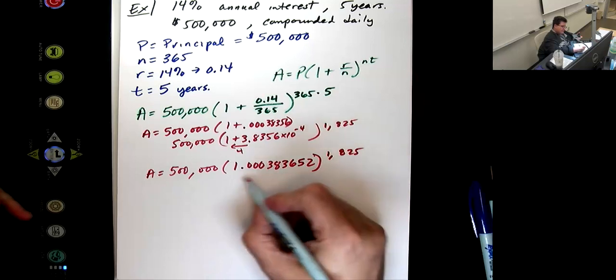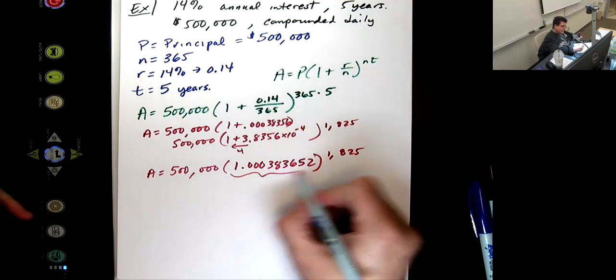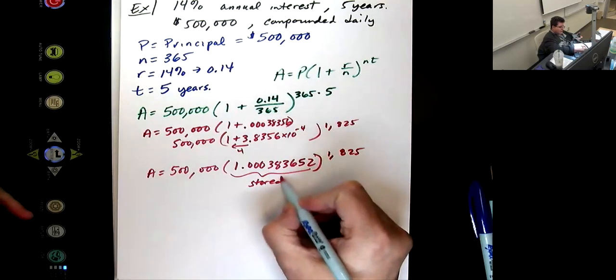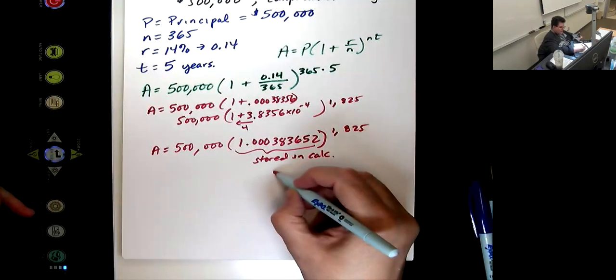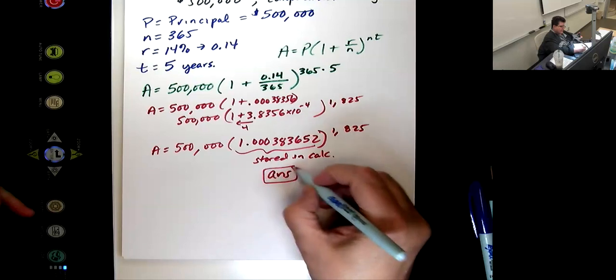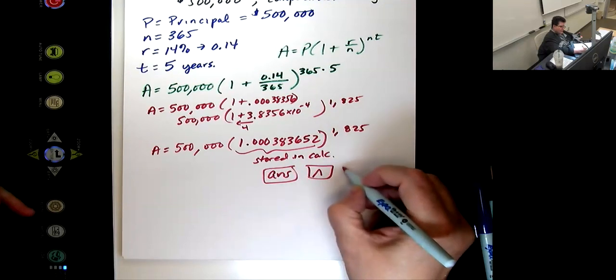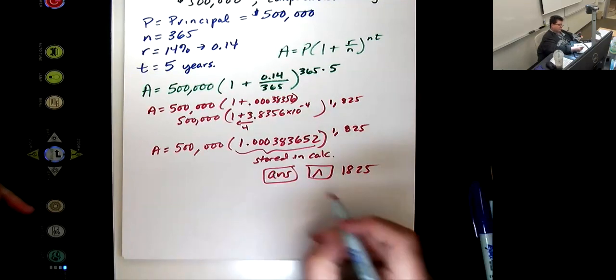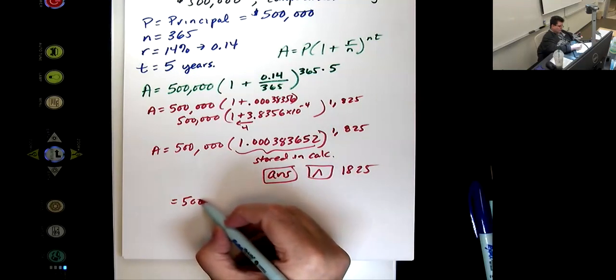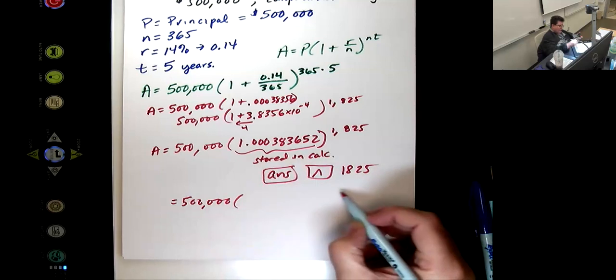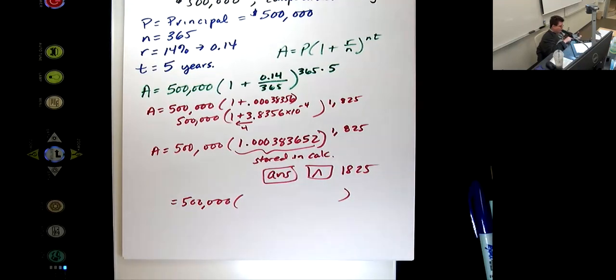So I did this, and this is stored in the calculator. So I'm going to do answer raised to the 1,825. And that'll get me what all that equals.